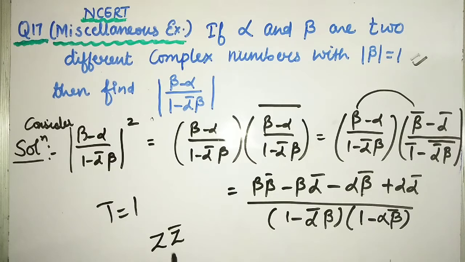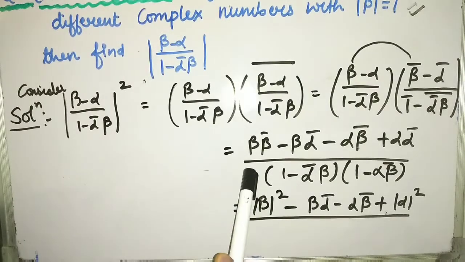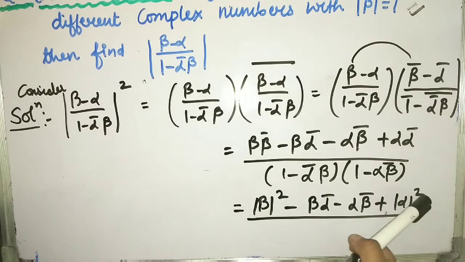Remember this result, z bar equals modulus of z square. Similarly, beta conjugate equals modulus of beta square, and alpha conjugate equals modulus of alpha square. So I have changed beta conjugate as modulus of beta square and alpha conjugate as modulus of alpha square.